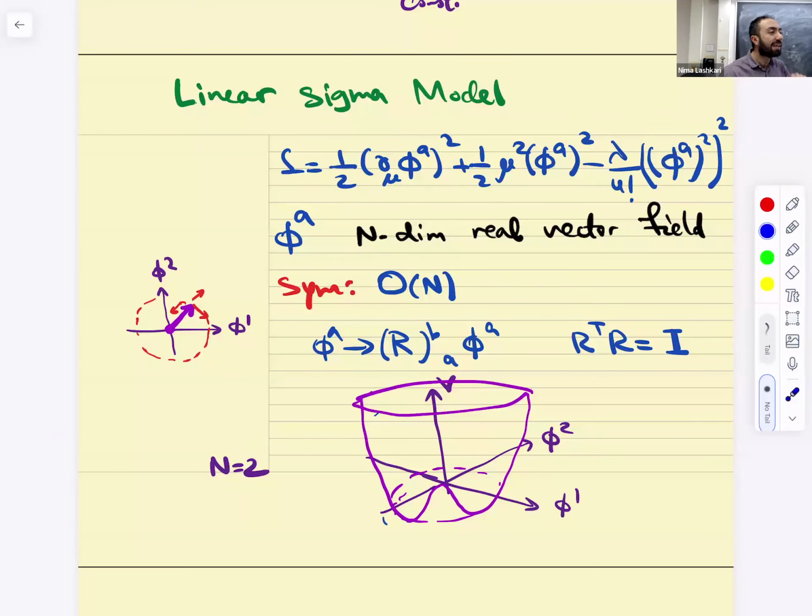So already at this level, you see something funny. Your field is a vector. The second derivative of the potential is a mass, V double prime of phi is a mass.